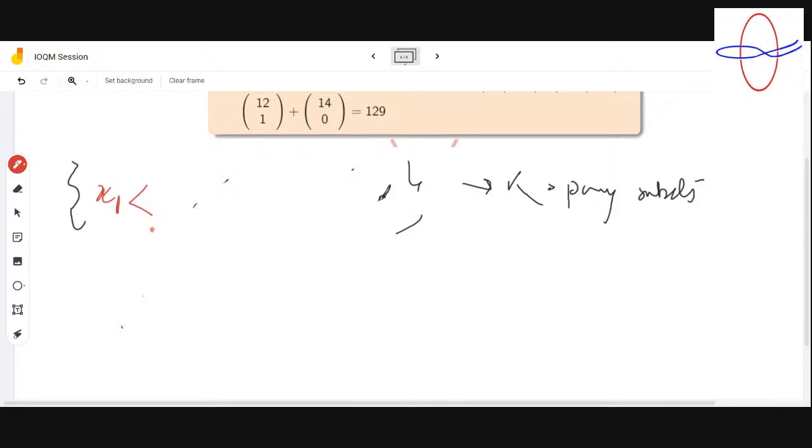The next number cannot be x1 plus 1 or x1 plus 2. So the next number x2 must be greater than or equal to x1 plus 3.